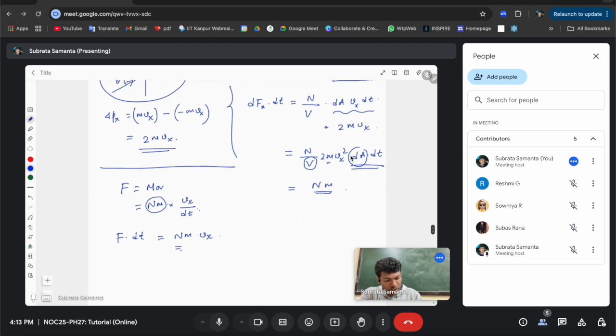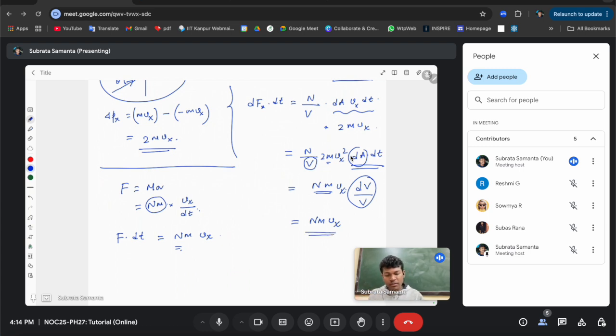One of the vx dt is basically a length, and dA times vx dt is basically dV. So dV by V is dimensionless, and what is left is vx. So this is again N m vx, times a dimensionless number.